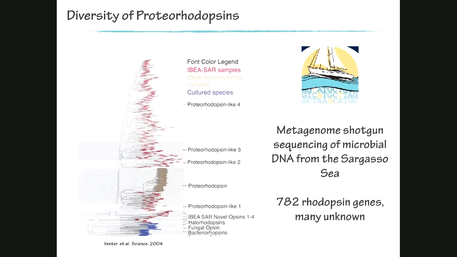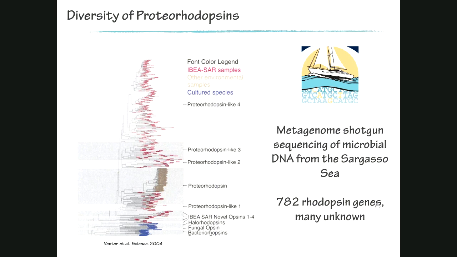So after the studies by Beja, another tipping point, as you already saw, was the first metagenome sequencing from the Sargasso Sea, which reported almost 800 different rhodopsin genes.